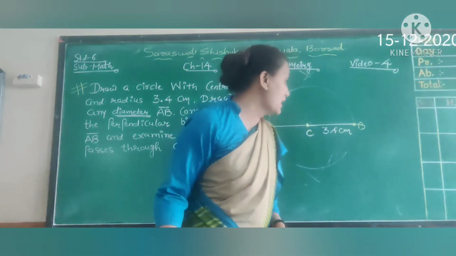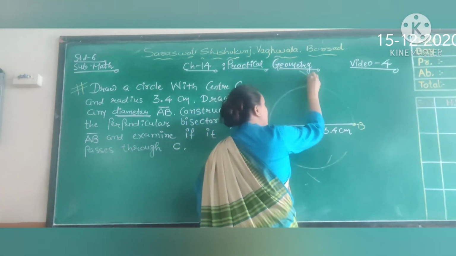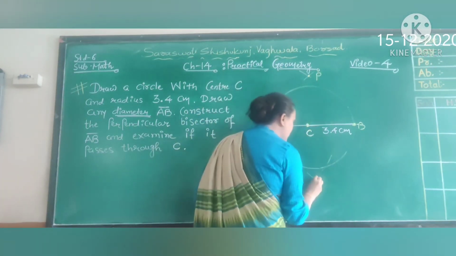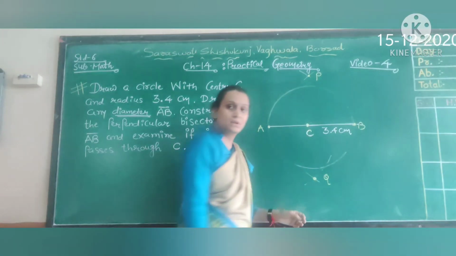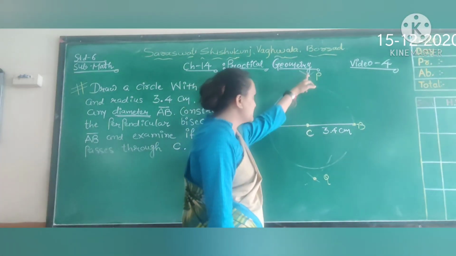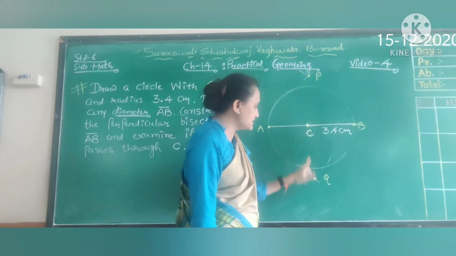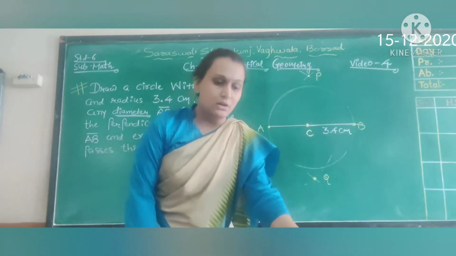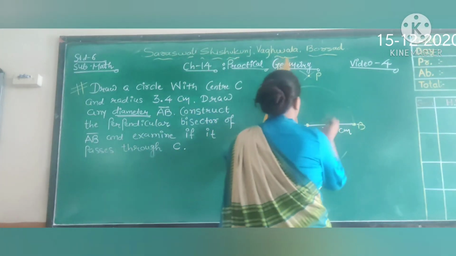Now we give the names P and Q here. Now with the help of a scale we have to join P, C and Q. So let us join it.